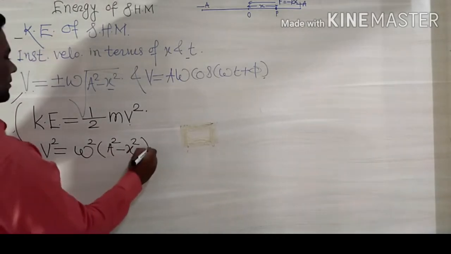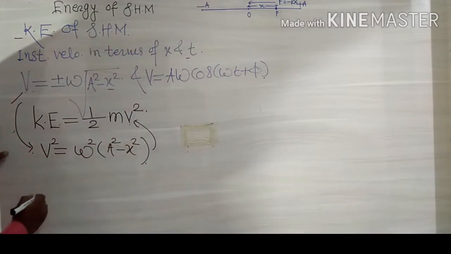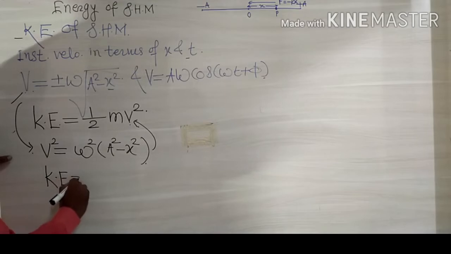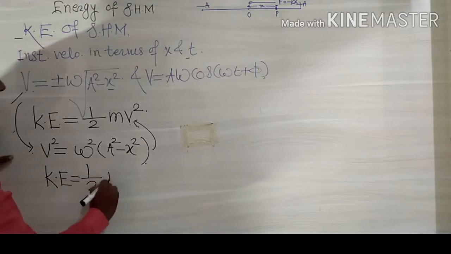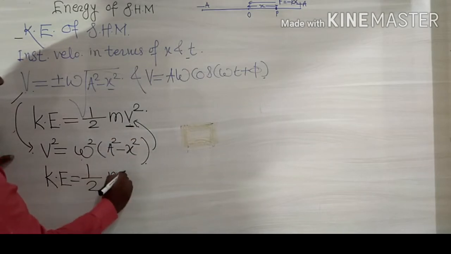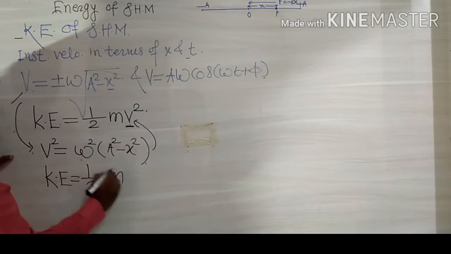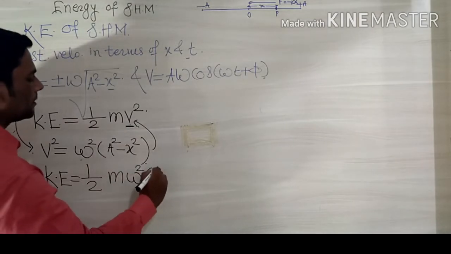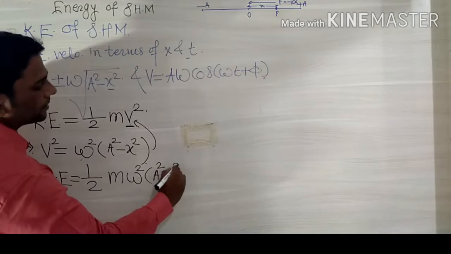Putting this value in the equation of kinetic energy, we get kinetic energy is equal to 1/2 m omega square into a square minus x square.